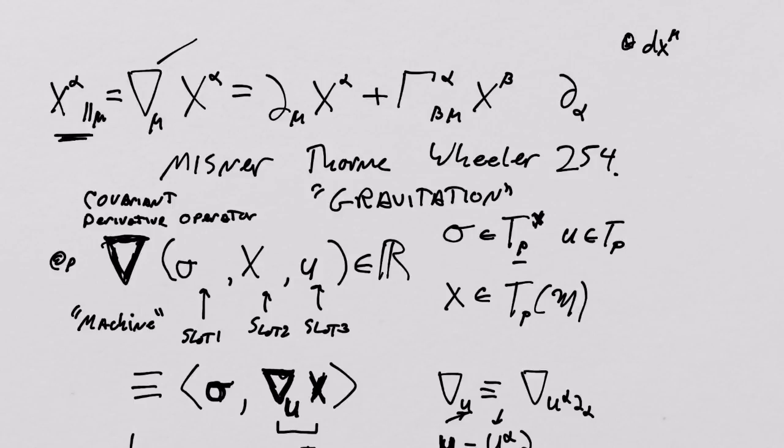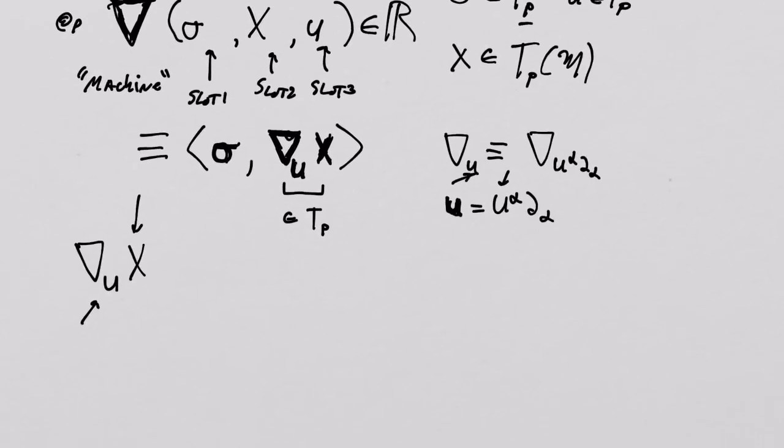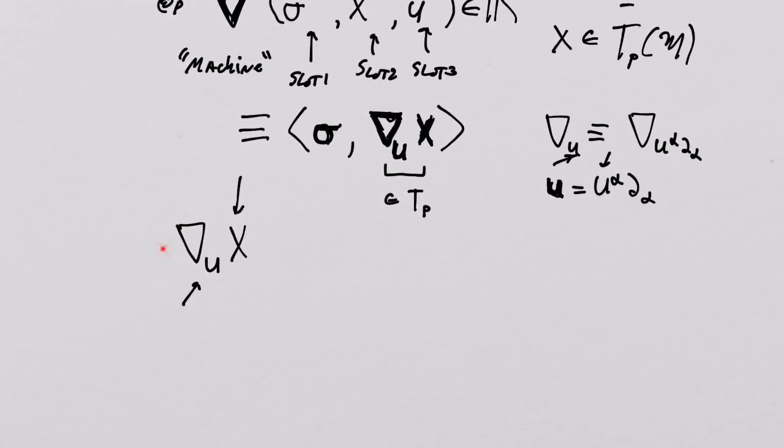That's the whole point of a 1-1 tensor. A 1-1 tensor actually eats a vector and will return a vector. A 1-1 tensor can be considered as a function that eats vectors and gives back vectors. So I could take this thing and feed it a vector and get a vector back. So that's kind of close to what I'm after, because ultimately I want this to be a vector.